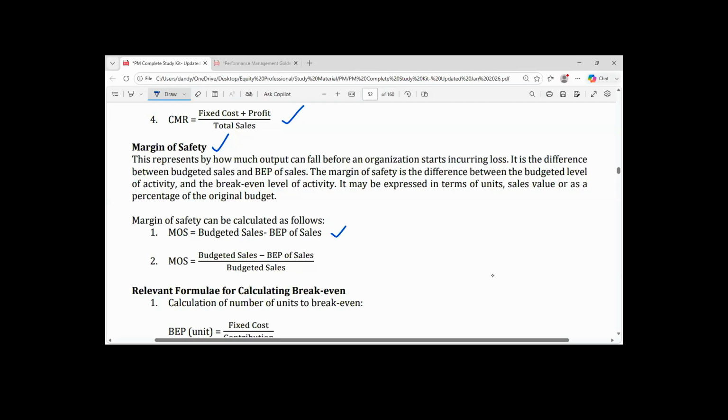The second formula you can use. It is possible that in the question you are given budgeted activity level, you have also calculated break-even point of activity level, and the examiner is asking you to calculate margin of safety.